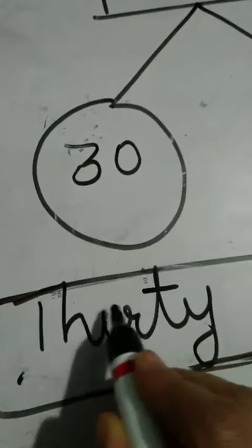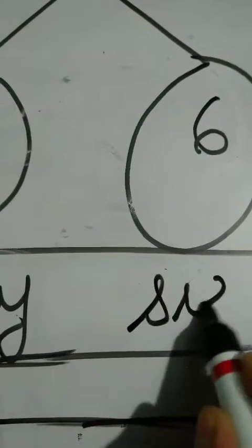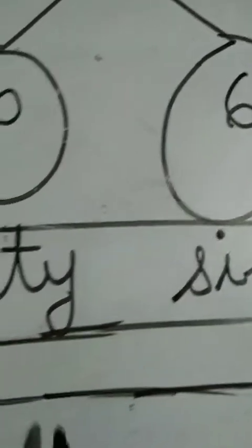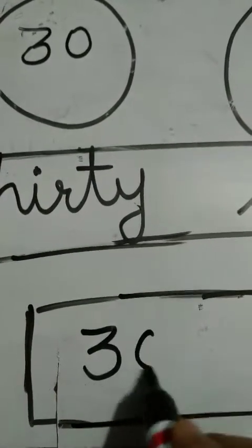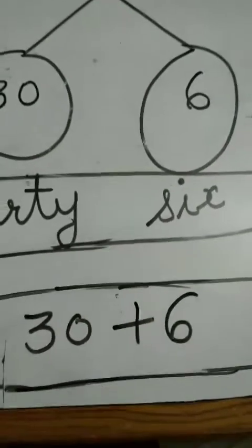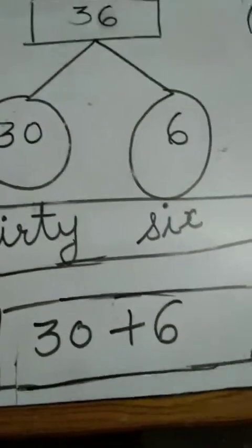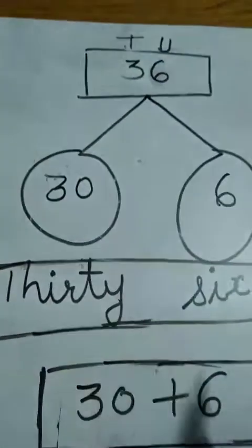T-H-I-R-T-Y. 30. And this is 6. S-I-X. 6. 36. And what is the expanded form of this number? 30 plus 6. Okay. So 30 plus 6 is the expanded form of the given number 36.